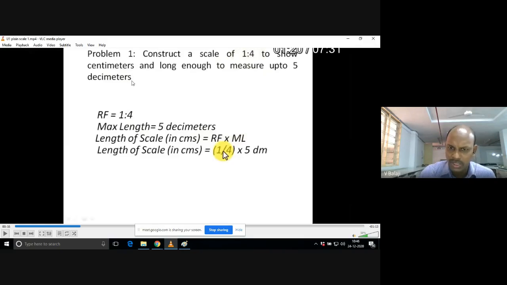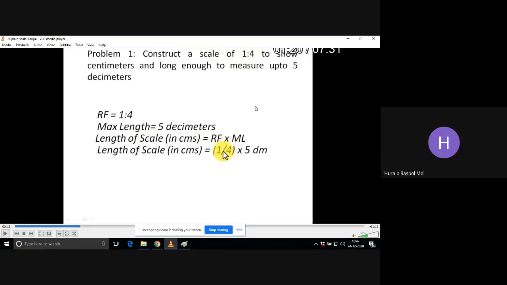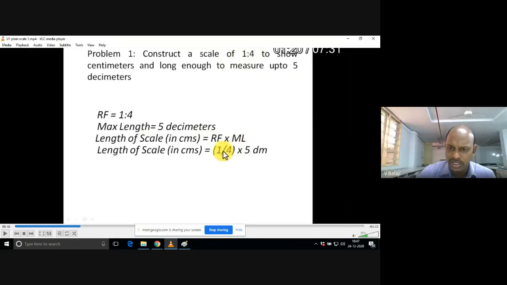So you divide the 12.5 length into only 5 parts. Then each part will be 1 decimeter.